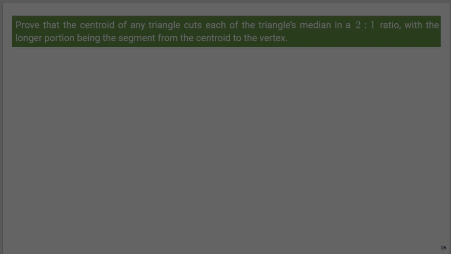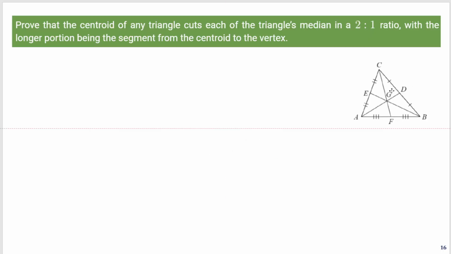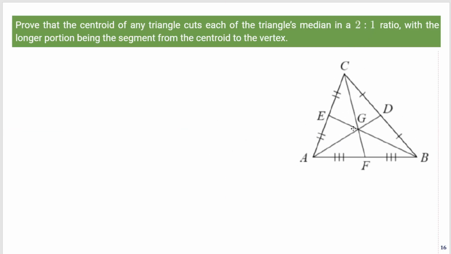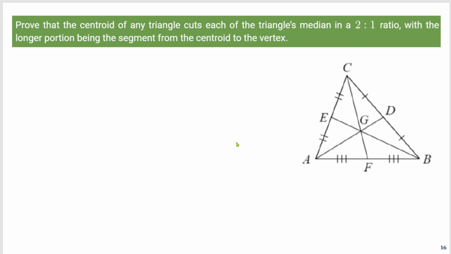Again, let's draw a diagram of a triangle first. So the centroid is the point of intersection of the three medians, right? So can you prove this side is actually twice this side? Or this side is twice this side?